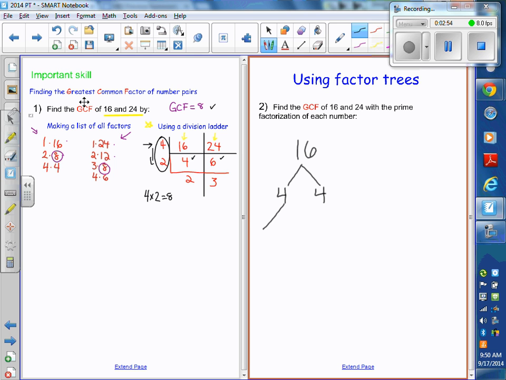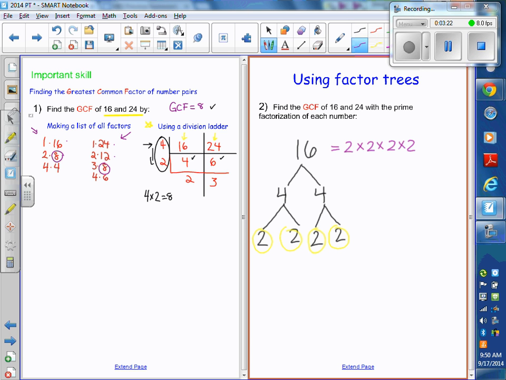Neither one of those is prime, so I continue the branches. 2 times 2 is 4. So I circle my prime numbers. Repeat that over here because I have the same number. So my prime factorization of 16 is 2 times 2 times 2 times 2.